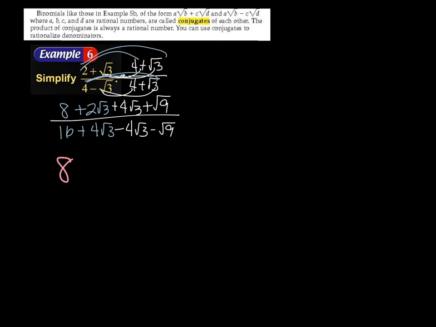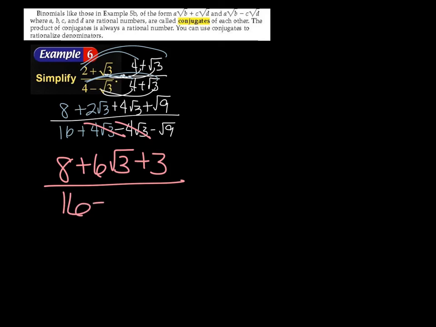Well, 2 square root of 3 plus 4 square root of 3 would be 6 square root of 3. And square root of 9 we know is 3 over, opposites cancel out, so all I have in the denominator is 16 minus square root of 9, which is 3.